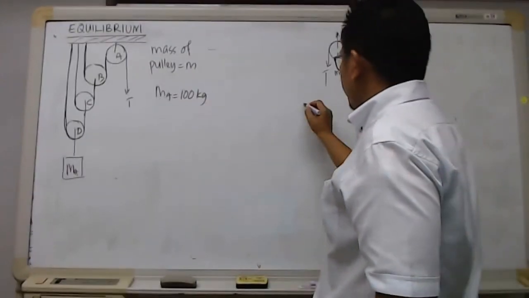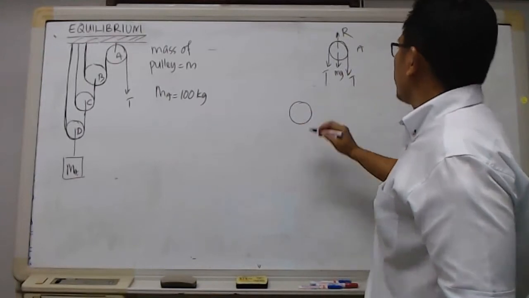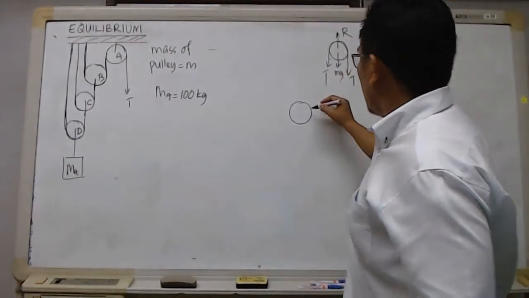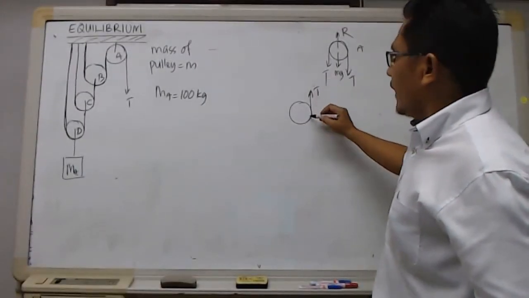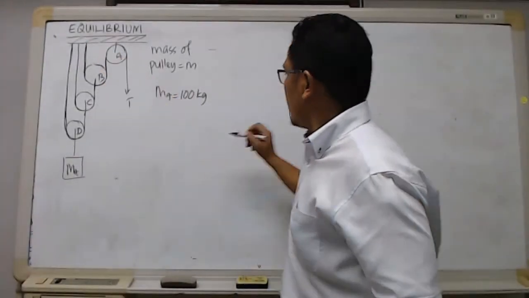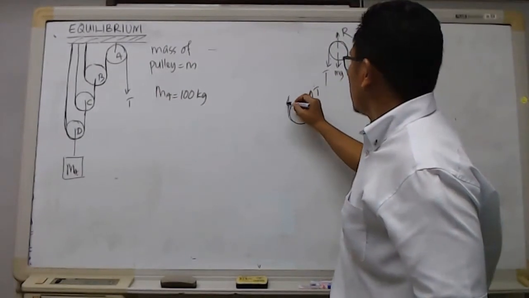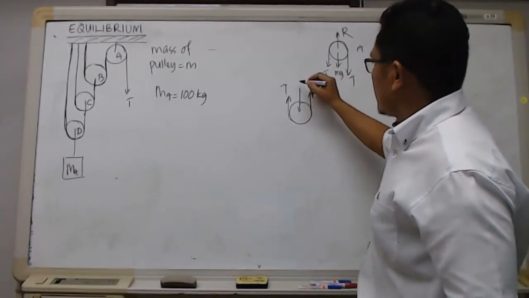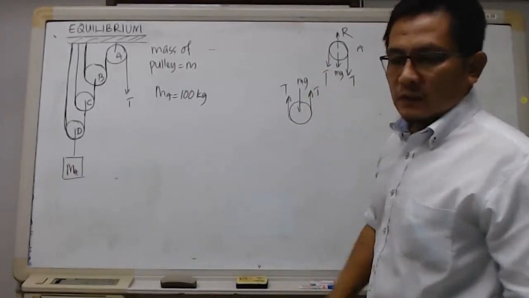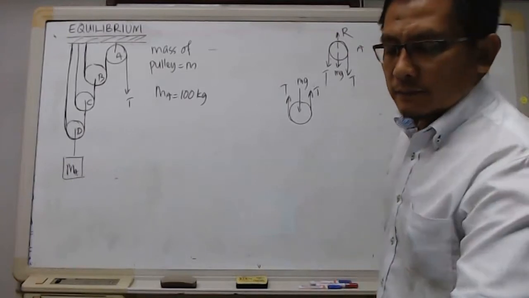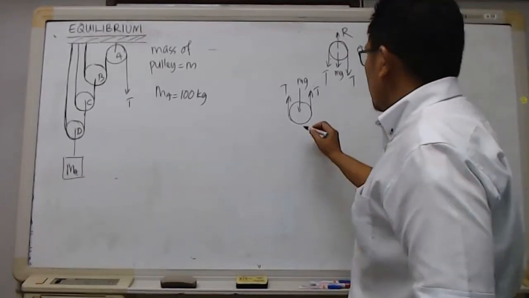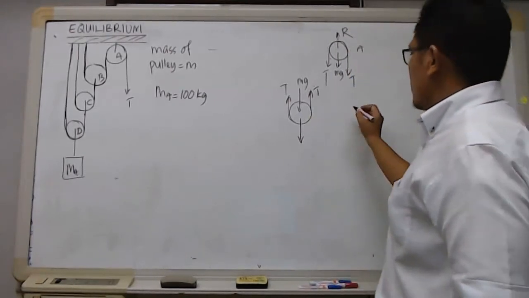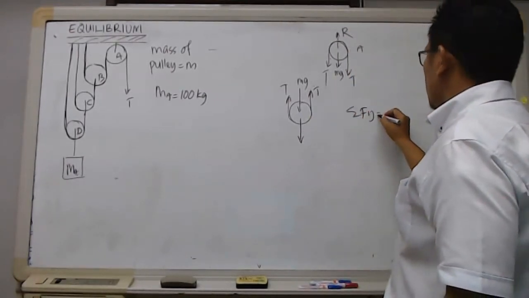Now pulley B. Pulley B, we have the tension here. So if it has T and then wraps along this one, it is T. But again, don't forget, you have the mass mg. So what is the tension here? Summation of force Y is equal to 0.